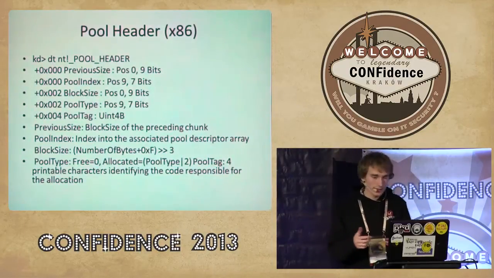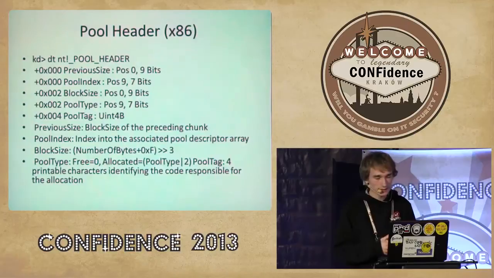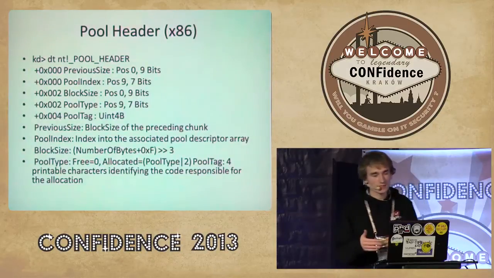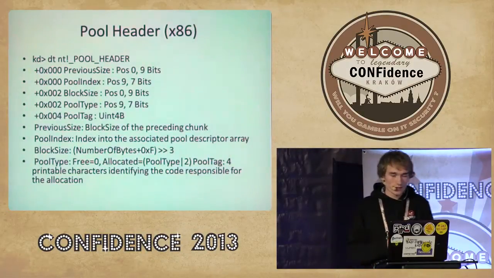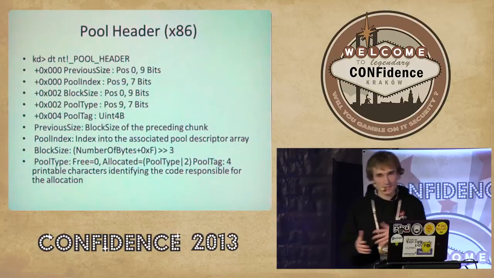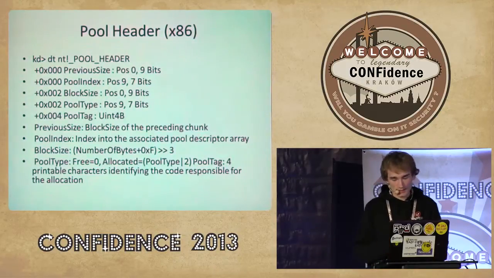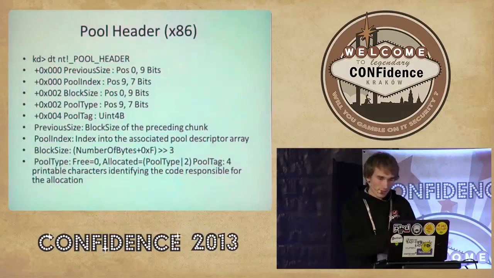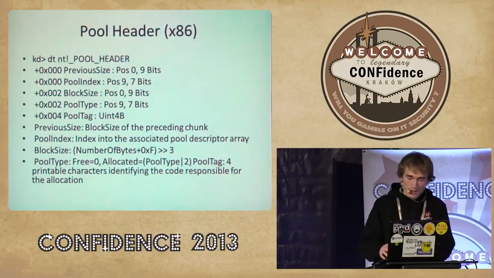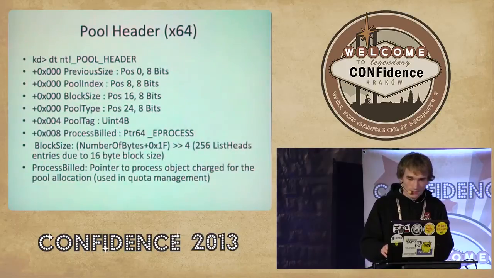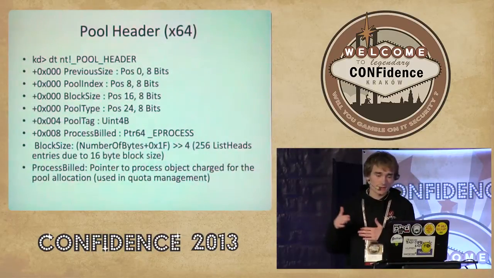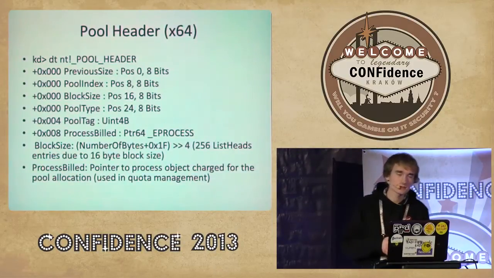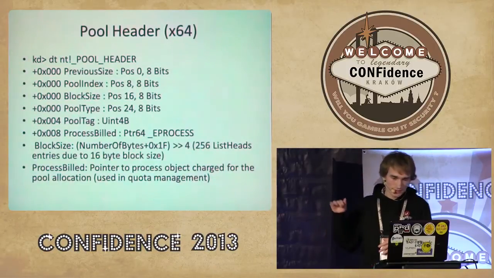The pool header, like the header in userland, defines a chunk. It contains several fields like previous size, block size, pool index, pool type, and pool tag. For example, previous size is the size of the previous chunk, block size is the size of the chunk, and pool type is the type of memory: non-paged, paged, or session. If we talk about the differences between bit widths, the headers actually look the same, but on 64 bits there is a pointer to EPROCESS.